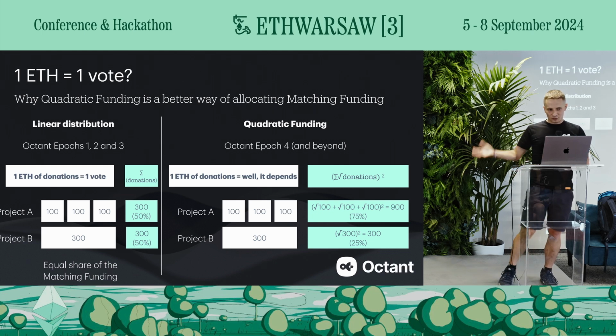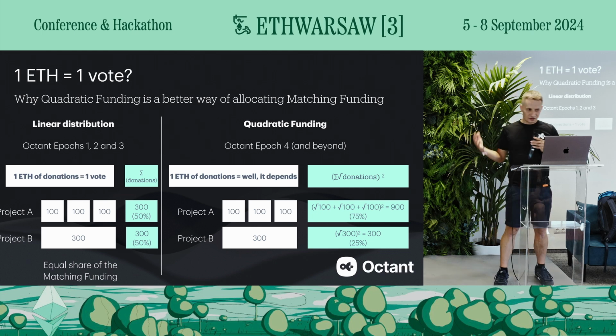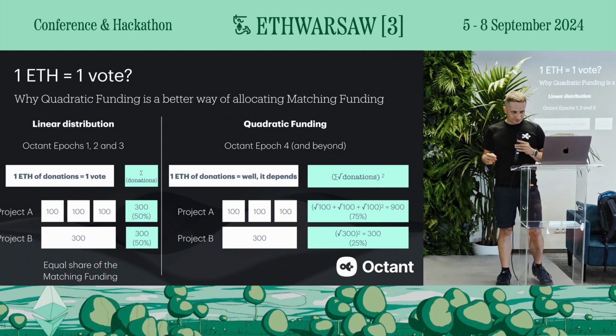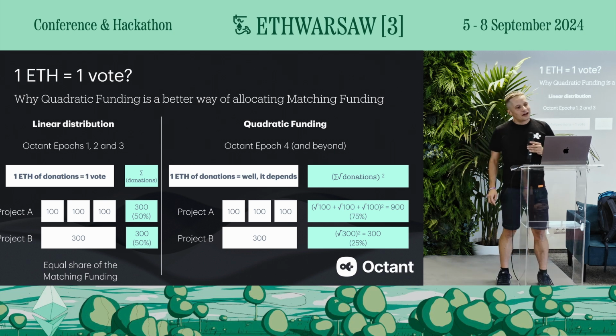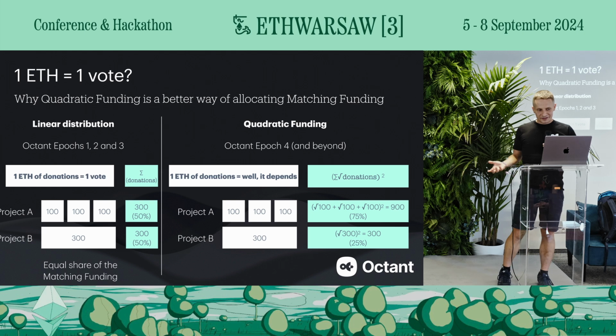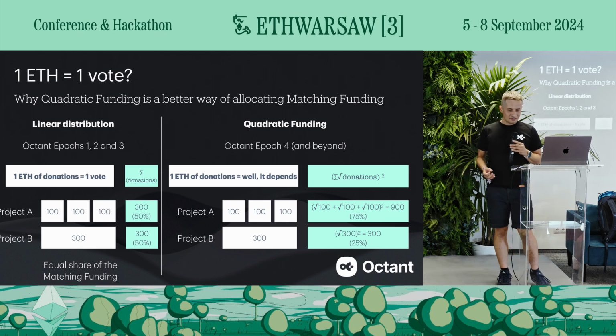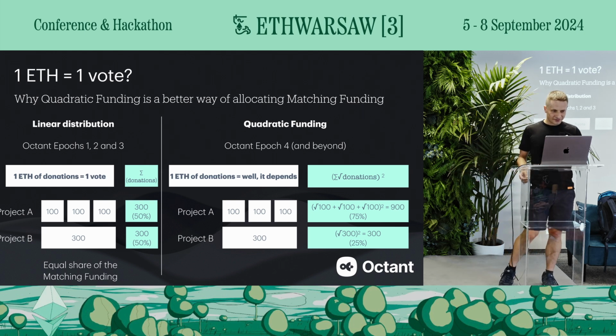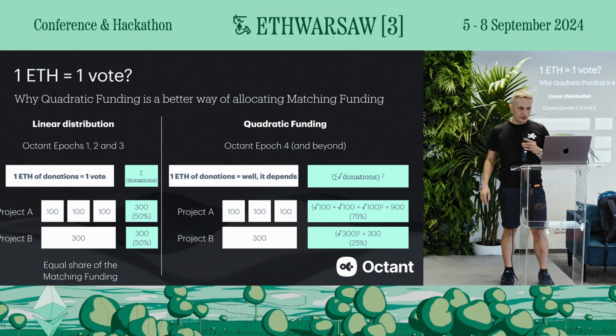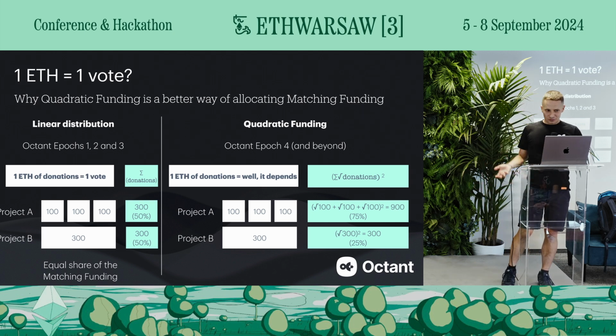Let's say we have two projects, each of them manages to raise 300 WEI or ETH, it doesn't really matter. The only difference is that project A has 3 individual donors and project B has 1 big individual donor. This is how Octant worked until Epoch 3. Each of these projects would get the same share of the matching fund, because the only thing that mattered was the total amount received.